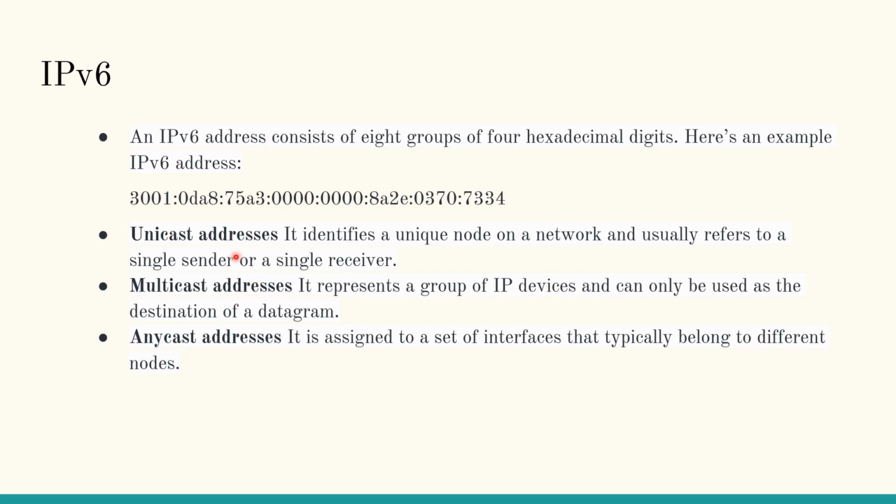Unicast identifies a unique node on a network and usually refers to a single sender or single receiver. A multicast address represents a group of IP devices and can only be used as the destination of a datagram. Broadcast is also covered in multicast, and an anycast address is assigned to a set of interfaces that typically belong to different nodes.